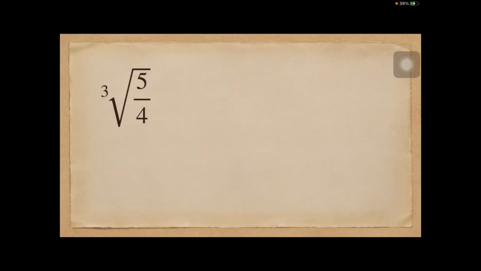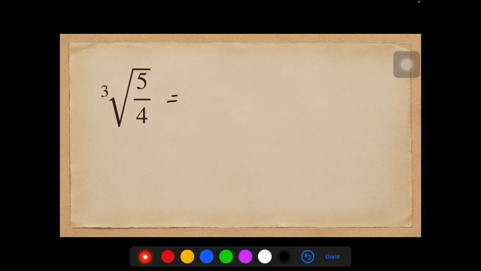Okay, let's try cube root this time. So again, we're going to rewrite it separately into the numerator and the denominator. We have cube root of 5 over the cube root of 4. So again, our goal is to rationalize the denominator. We're going to think of a perfect number that can be extracted into its cube root.